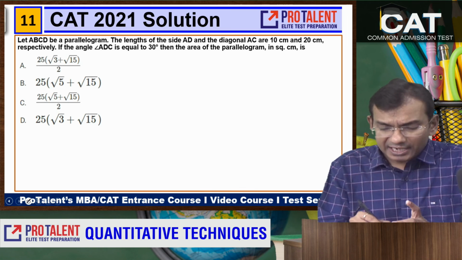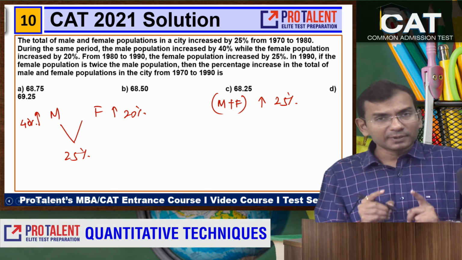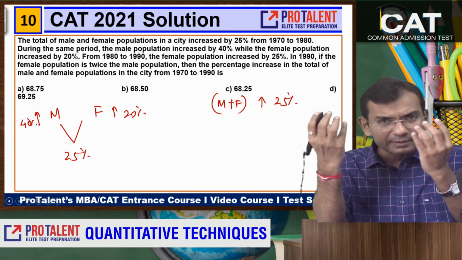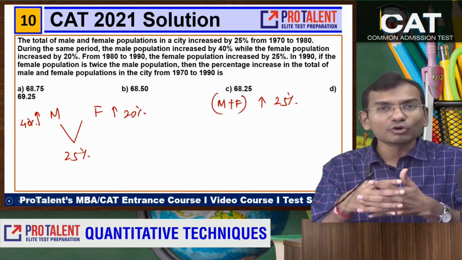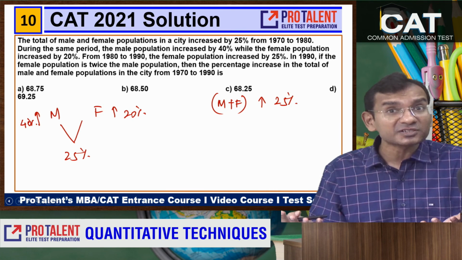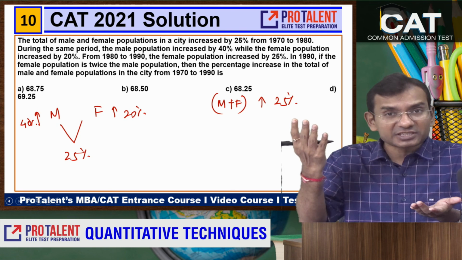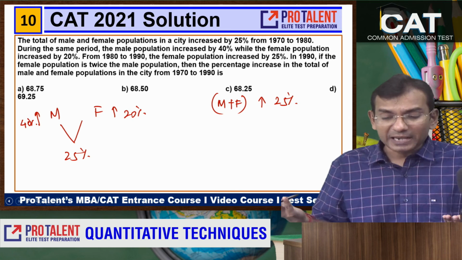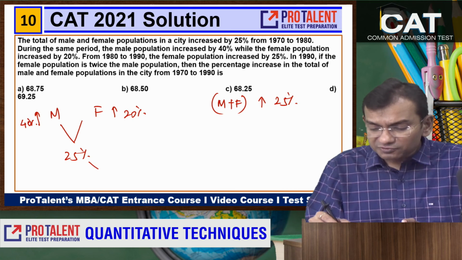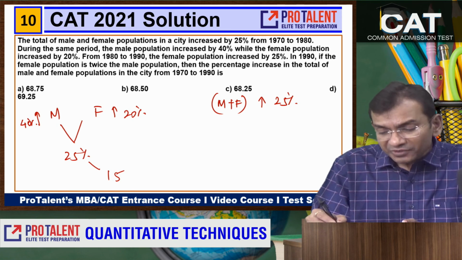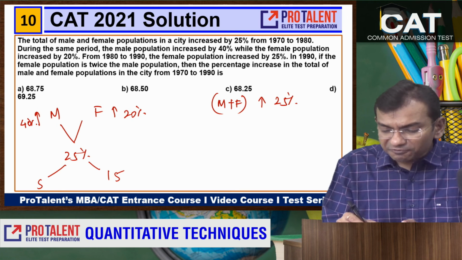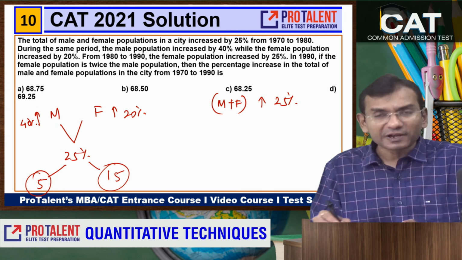ठीक है, सो व्हाट डिड आई डू वाज अ वेरी सिंपल थिंग. मैंने बहुत सिंपल सा काम किया. मैंने एज्यूम किया ये मिक्सचर का काम था, है ना. दो चीज़ों को मिक्स किया एंड यू गॉट एन एवरेज ऑफ 25%. ये सुनो, पहले आपका 40% इंक्रीमेंट था, आपका ये 20% इंक्रीमेंट था, तो मैंने यहीं पे अप्लाई कर दिया कि ये 40 minus 25 is 15 and 25 minus 20 is 5, so that therefore it is 5:15.